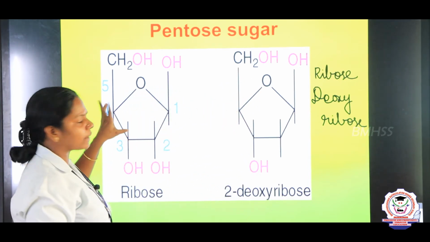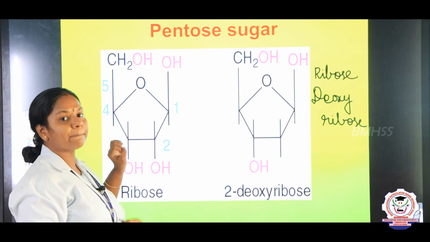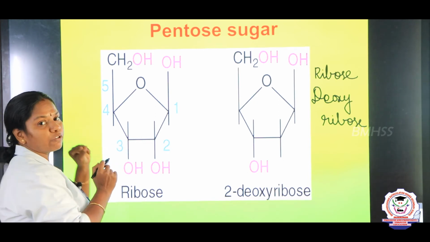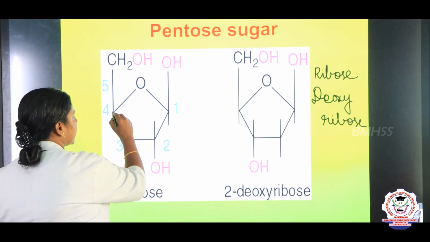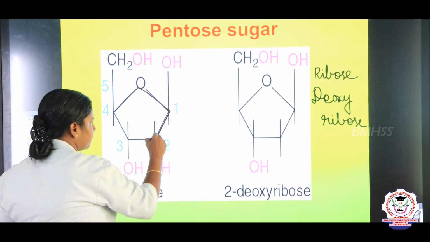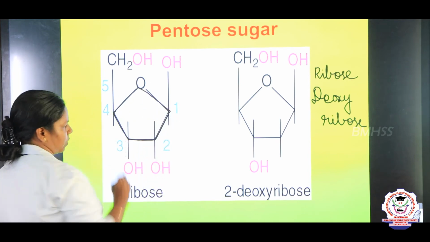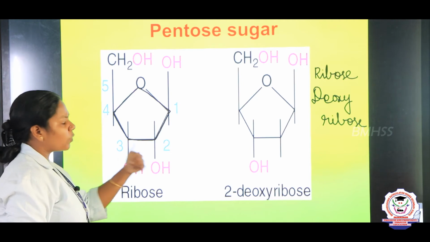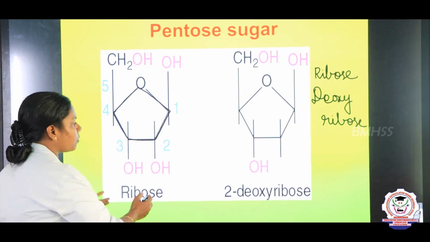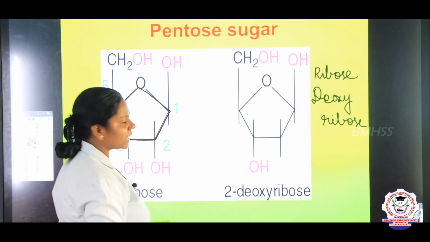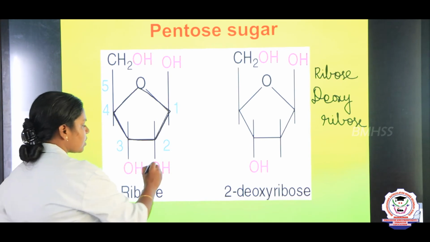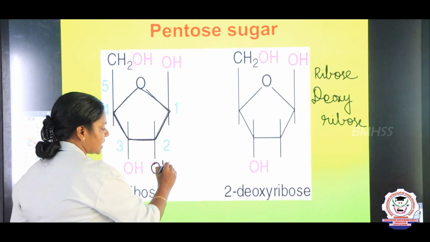It is a pentose sugar, that is a 5-carbon compound, right? The only difference between ribose and deoxyribose is that in ribose there is one extra oxygen atom.